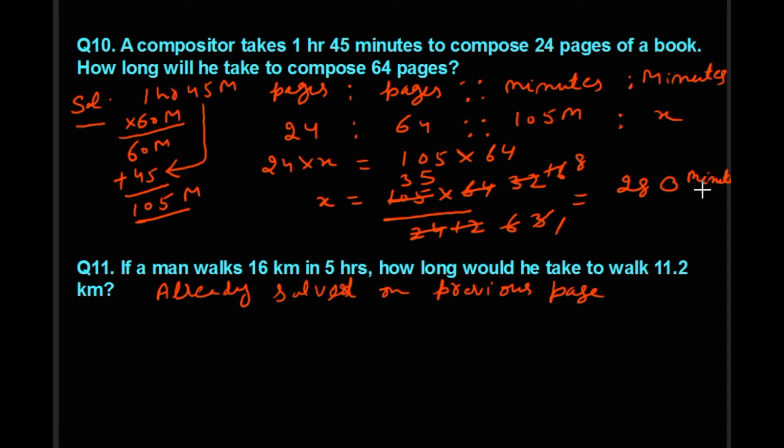If our answer is given in minutes, then it is okay, but we have changed the hours and minutes to minutes, so we will convert it back into hours and minutes. For that we will divide it by 60. 6 fours are 24, 4 will remain, 4 hours 40 minutes. This would be our answer.